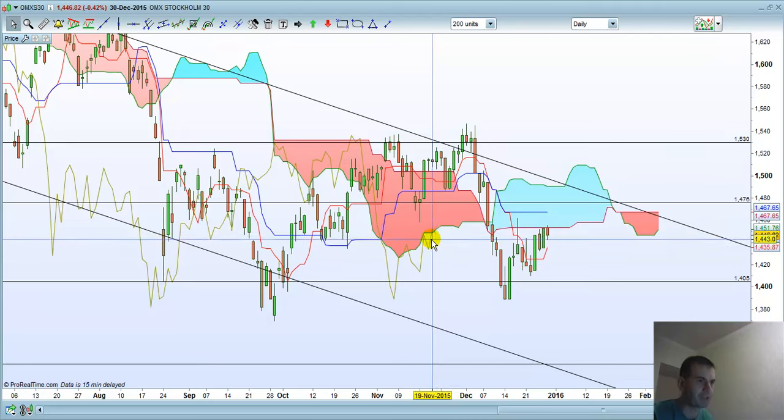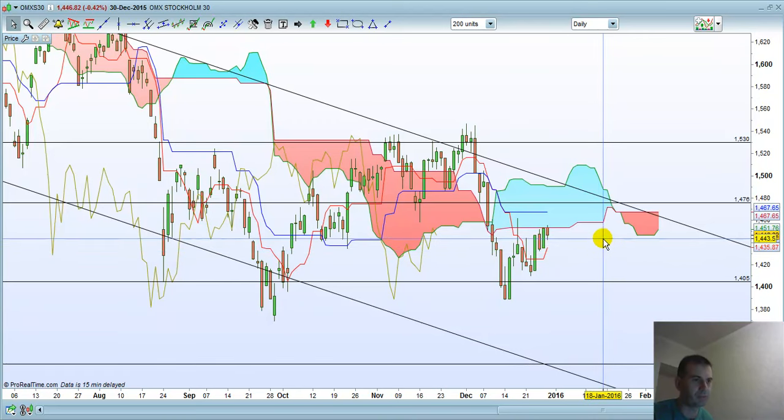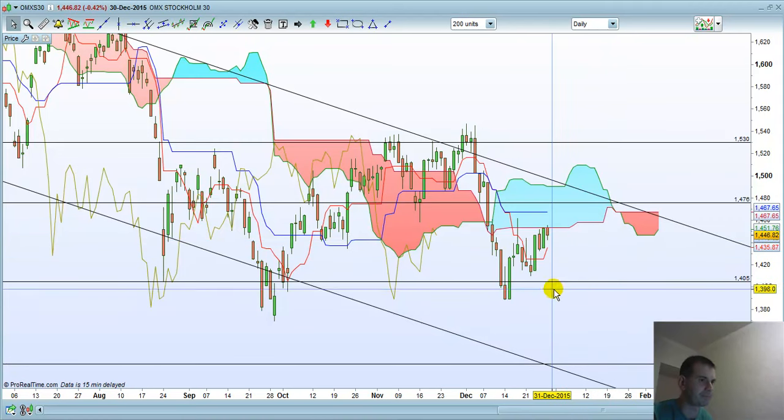The Kijun-sen line is over the price. The Kijun-sen and Tenkan-sen lines are crossed downwards. So we should wait here for further bearish movement, and should find points to sell here.